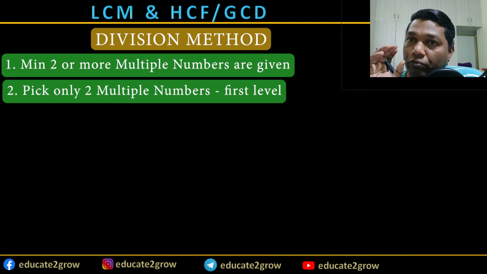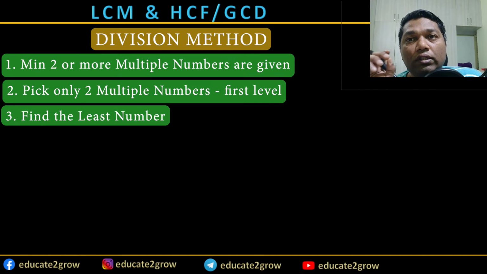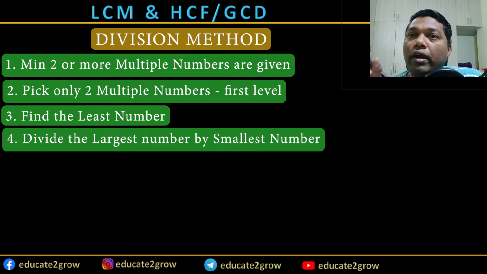So we need to pick only the first two. Then we need to find out which is the least number of those two. We need to use that number to divide the largest number. So divide the largest number by the smallest number, and we get a remainder.